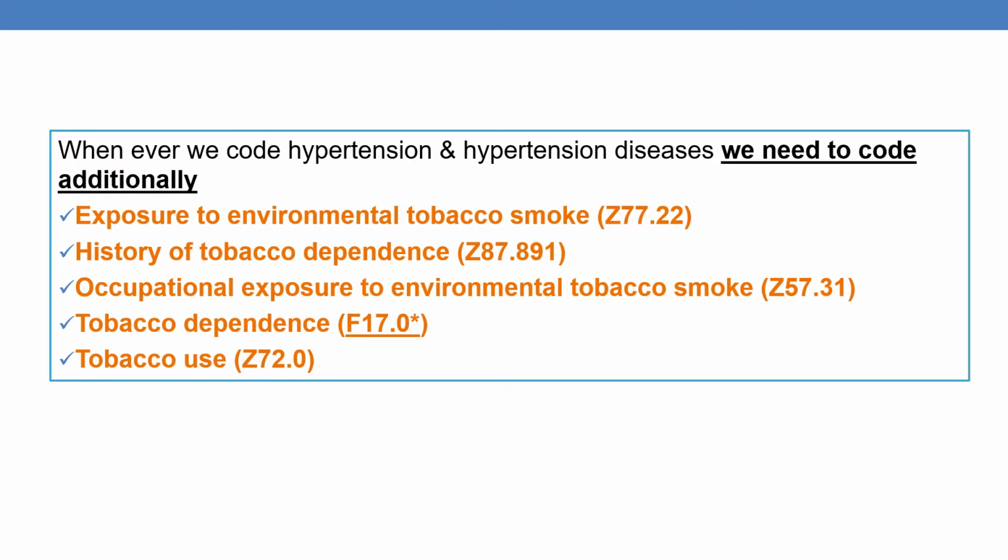If the patient is suffering from tobacco dependence, it is given by the category F17.0. These codes are further expandable. And if the patient has tobacco use, it is given by Z72.0. So whenever we code hypertension, the PDX should be hypertension, and additionally you need to code these codes also.